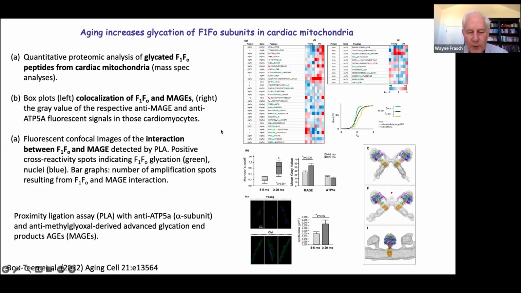What he found was that it was mostly in these proteins that are specific for making the F1FO dimers. He then correlated the extent of glycation with age, and with the dimers going into monomers, by looking at these fluorescence diagrams.